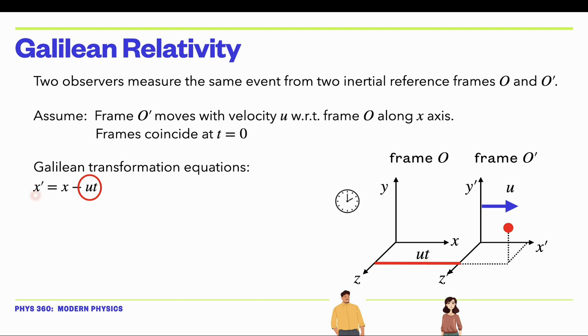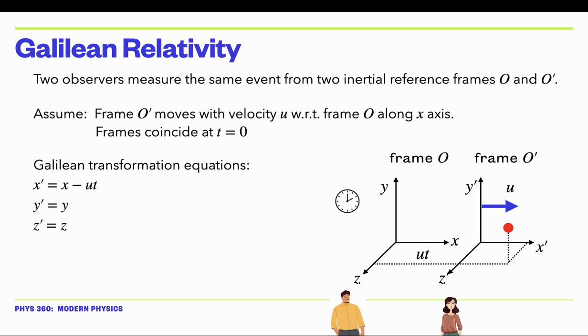So we see that x prime is just equal to x minus ut. Because we're assuming that all the motion occurs along the x-axis, the y coordinates and the z coordinates of the particle will be the same in both reference frames. So y prime will be y, z prime will be z.